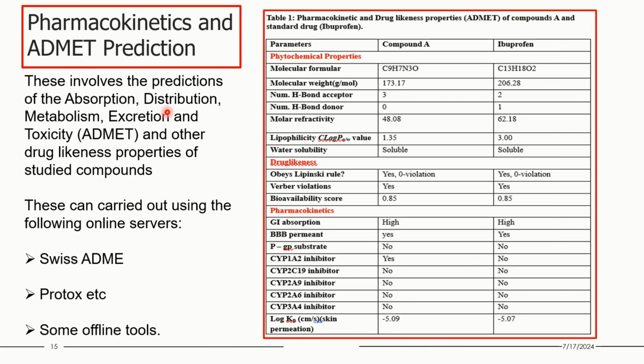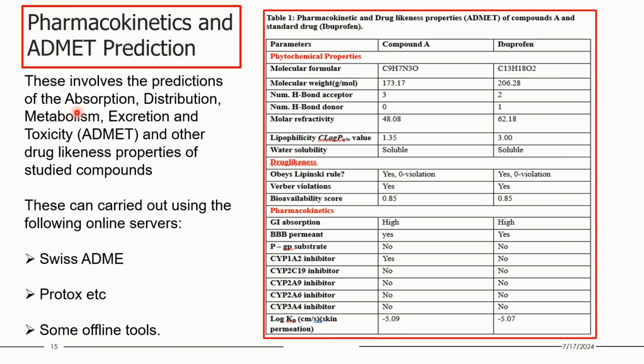Quickly we look at the pharmacokinetics and ADMET prediction. Most people do wonder what this actually means. After investigating the therapeutic properties of your compound, it doesn't just end by ascertaining the binding pose or affinity of your compound with respect to a target. You also need to investigate the pharmacokinetics and ADMET properties of it, the drug likeness properties.